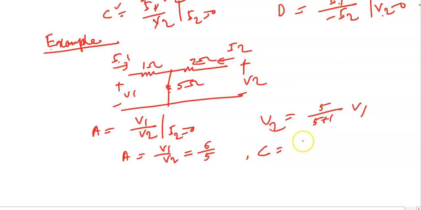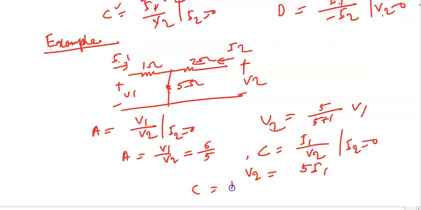C equals I1 upon V2 when I2 equals 0. Very simple: V2 is equal to 5 I1, so C equals I1 upon V2, which is 1 upon 5 Siemens.